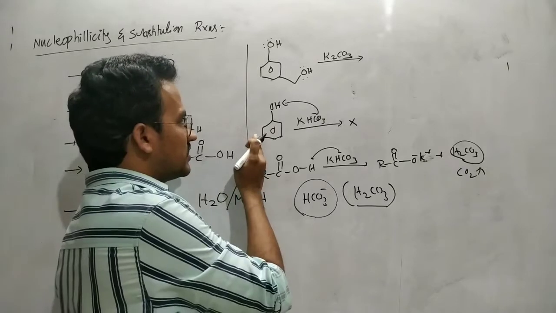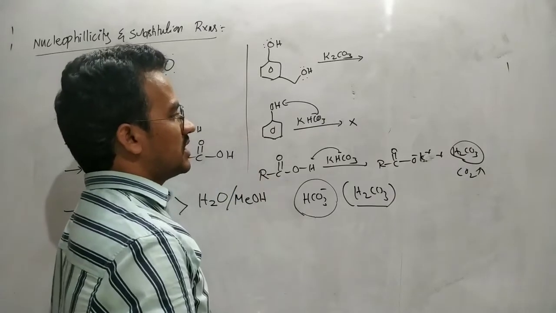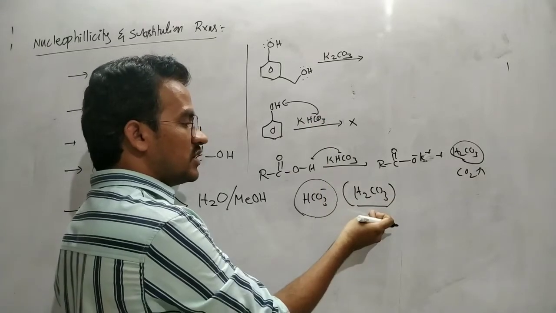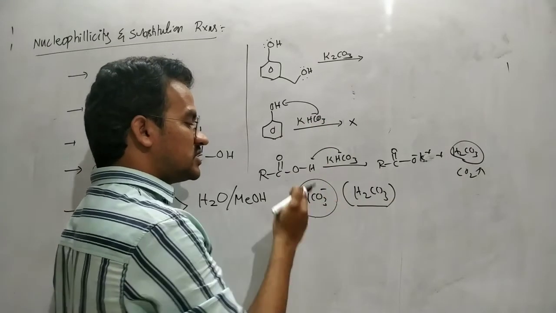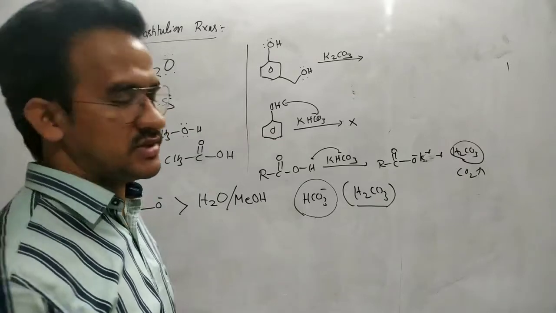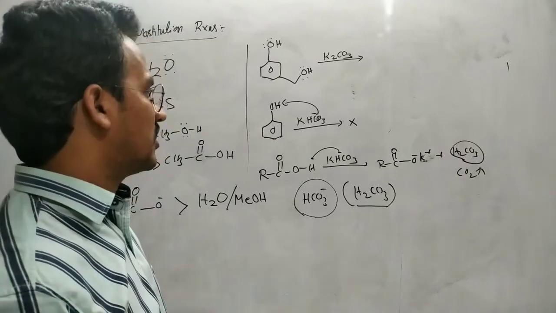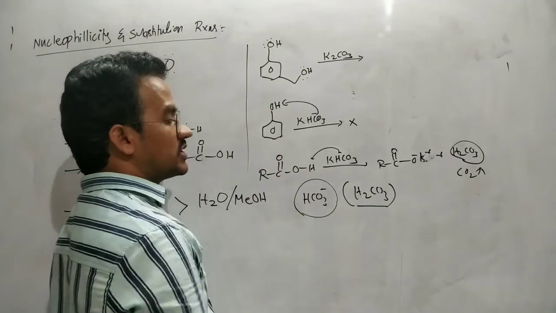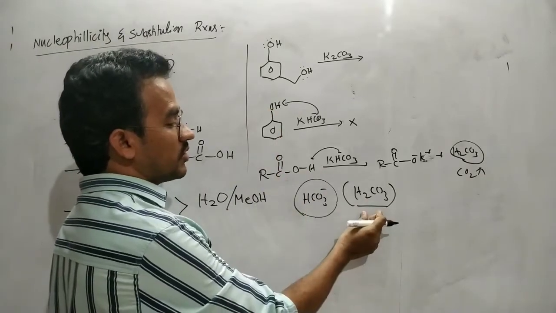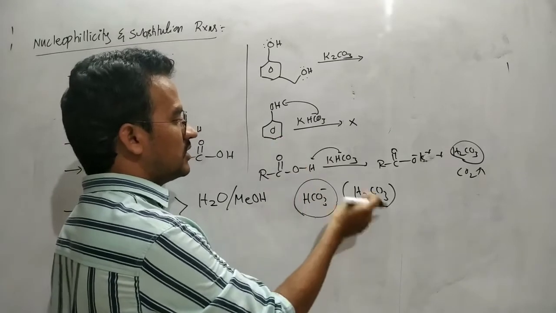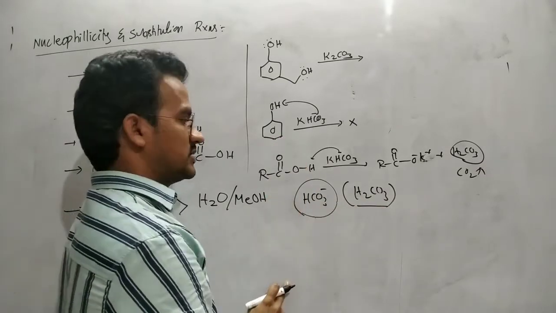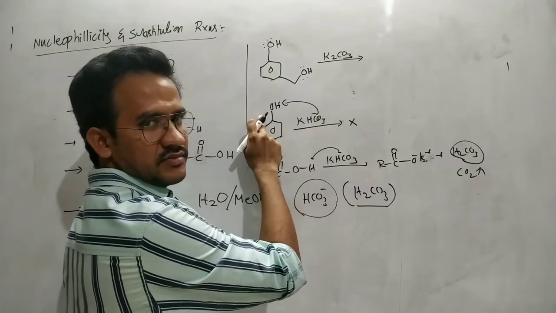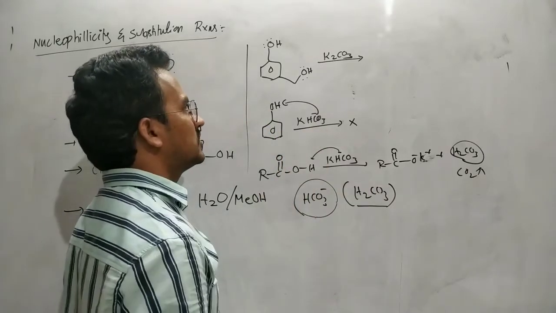Phenol is a weaker acid than carbonic acid, and HCO3 minus is a weak conjugate base. So this very weak base cannot react with a acid weaker than carbonic acid.